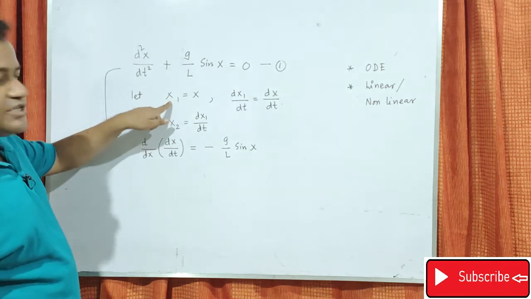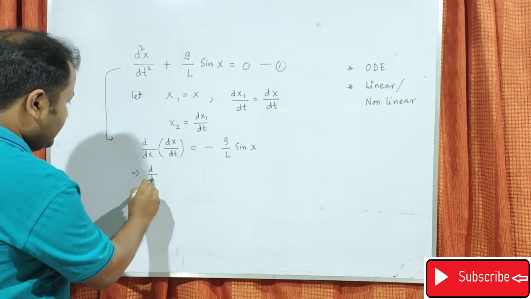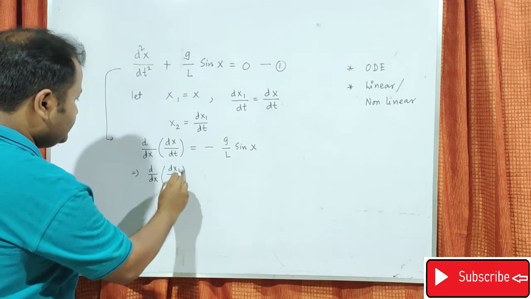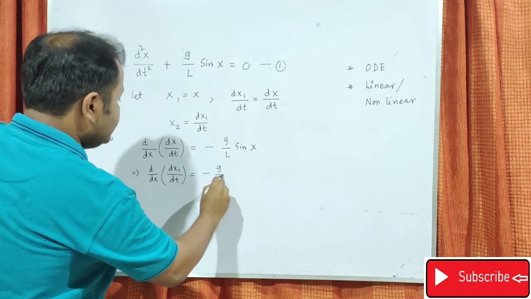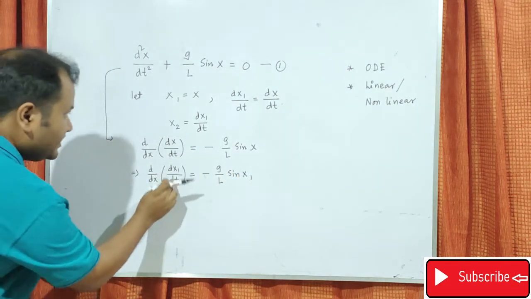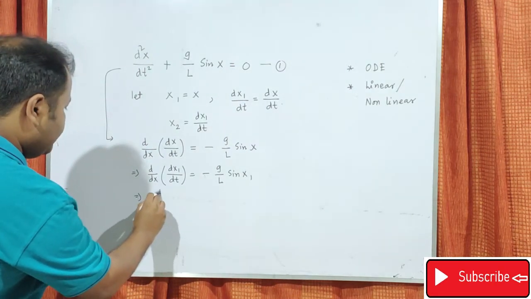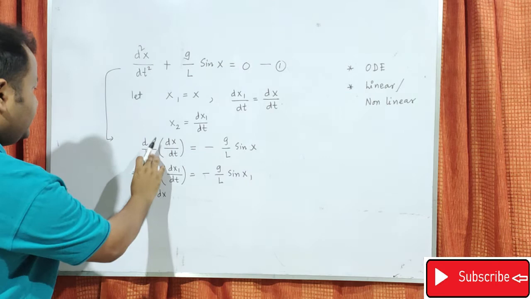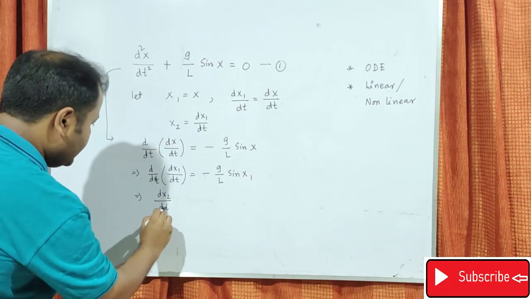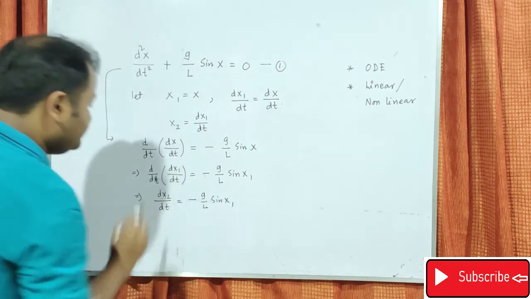Now we know x means x1, so this will be d/dt of dx1/dt equals minus g/l sin x1. Now what is dx1/dt? dx1/dt means x2. So here we get, extremely sorry, dx2/dt equals minus g/l sin x1.